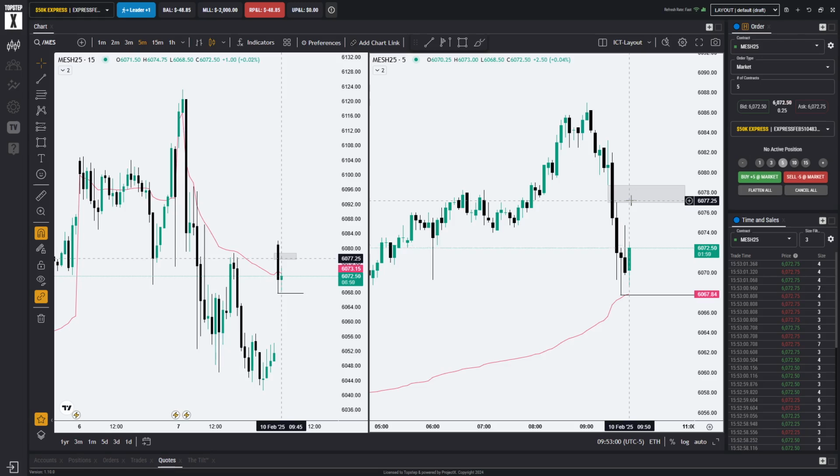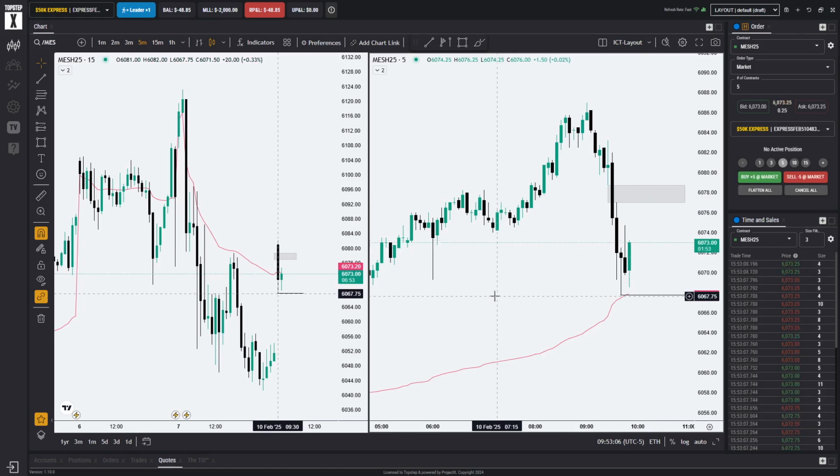Into fair value gap. Yeah, I'm not gonna chase it.